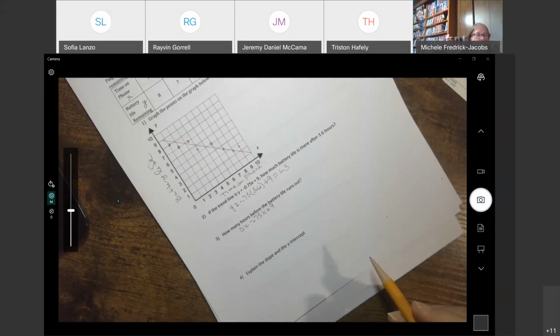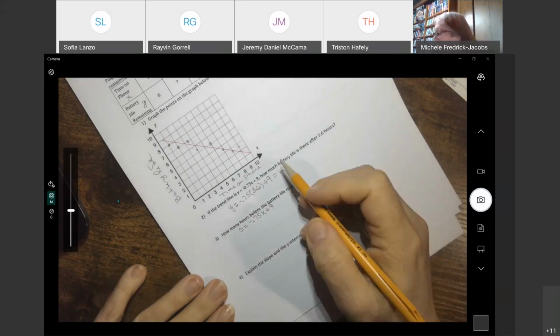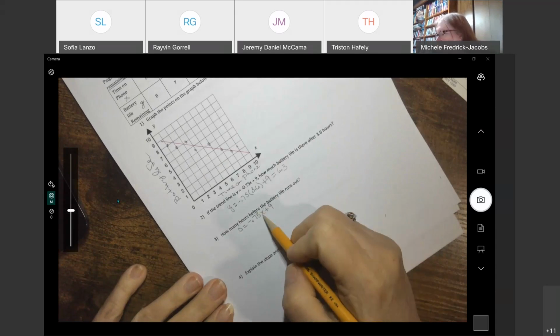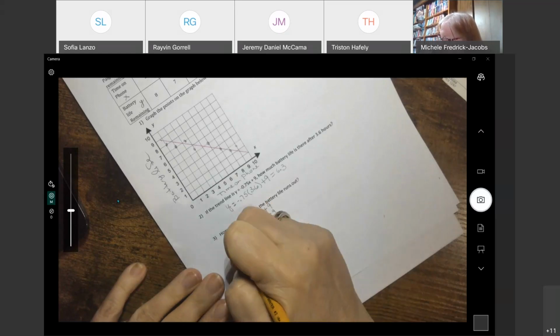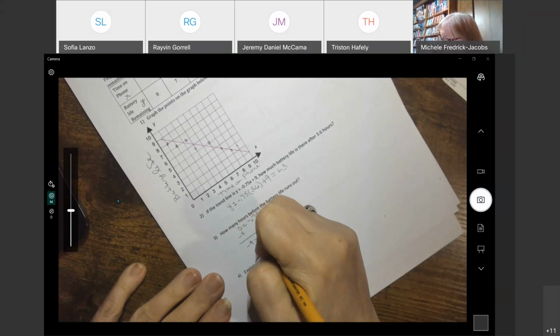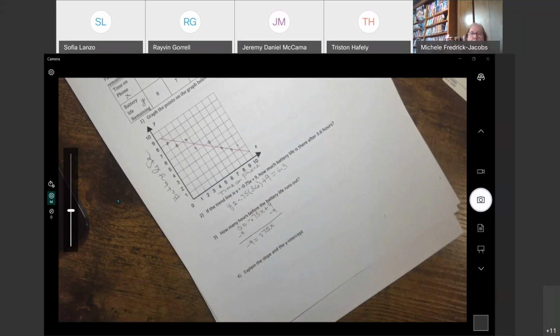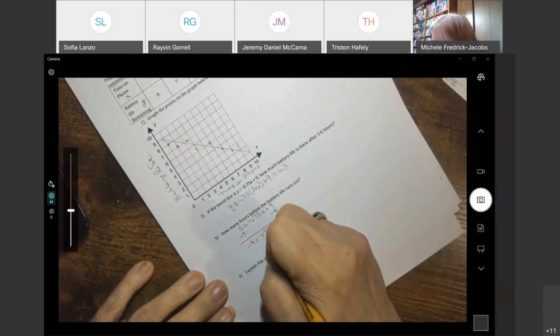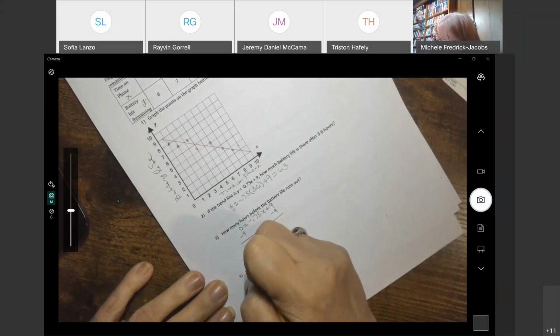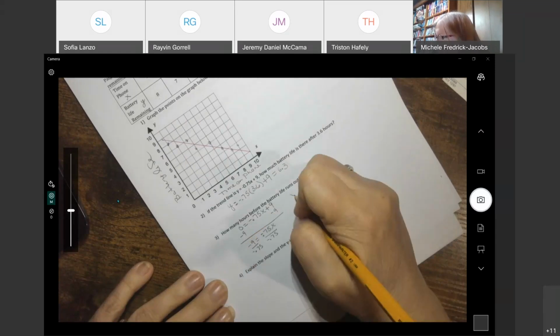What's the first thing you did to solve for X? Subtract 9. We're trying to get X by itself, so subtract the 9. We're still trying to get X by itself, so what will we do next? Divide by negative 0.75. Because we're multiplying, we divide. And what do we get for X?